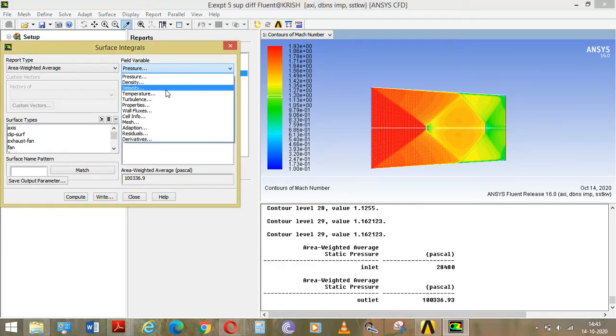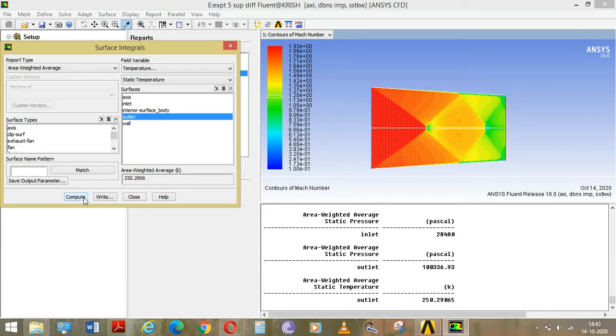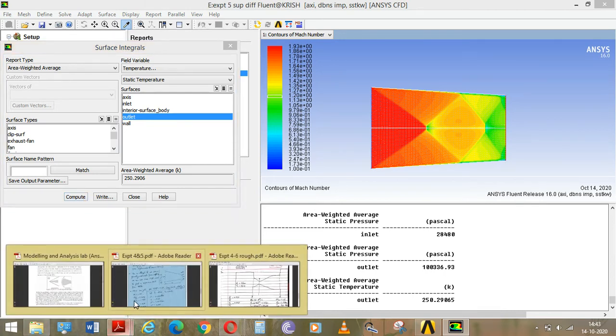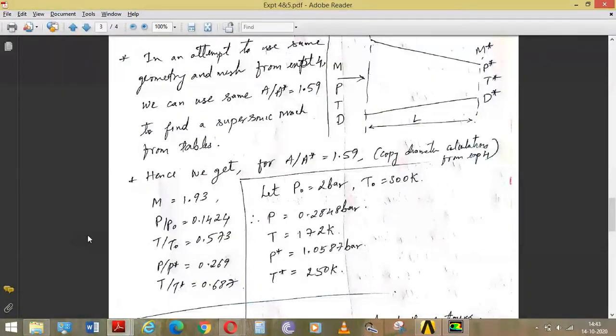Now we'll see static temperature at outlet. We didn't input the static temperature. We had input total temperature. So we got static temperature 250, which is exactly correct. So if you see here, is this the diffuser? Yeah.